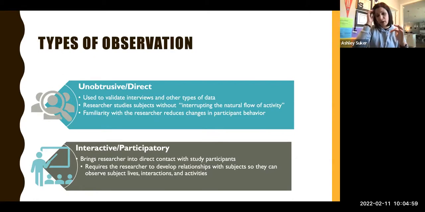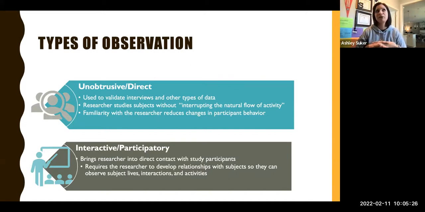Things like that. The problem with this is you have a difficult time maintaining the cultural norms and balances, and the researcher cannot become so embedded that they either start to offer advice or that they start to change.